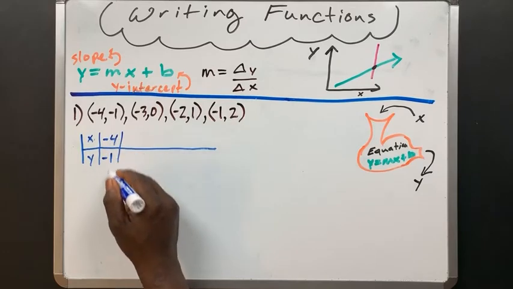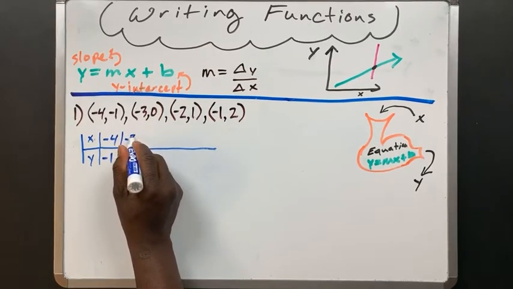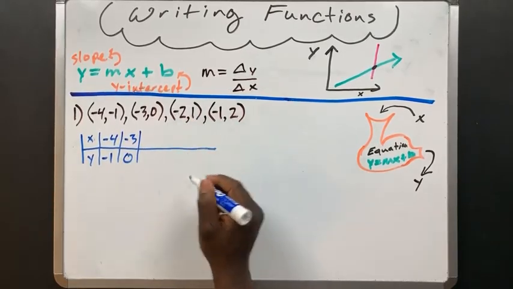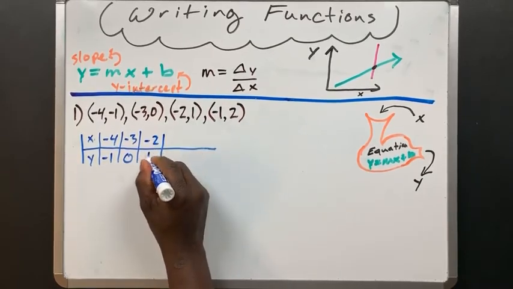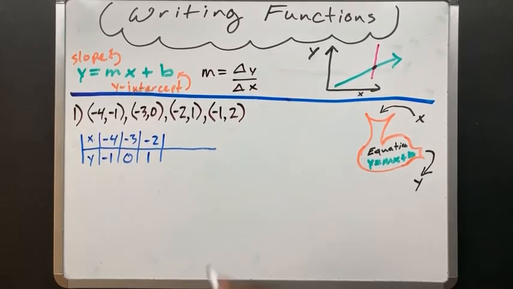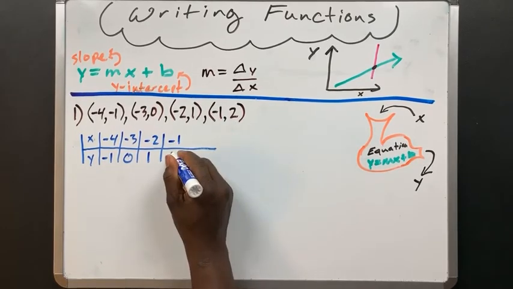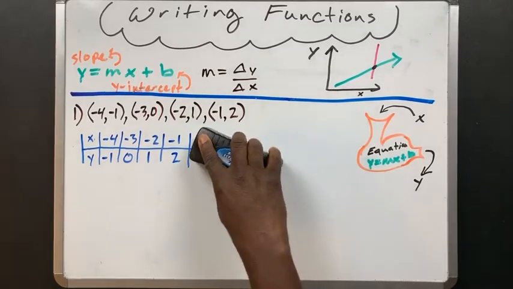I'm going to write it this way. So here we have -3 and 0. We have -2 and 1 for the y coordinate. We have -1 and 2 for the y coordinate. All right, so then I can erase that extra line.